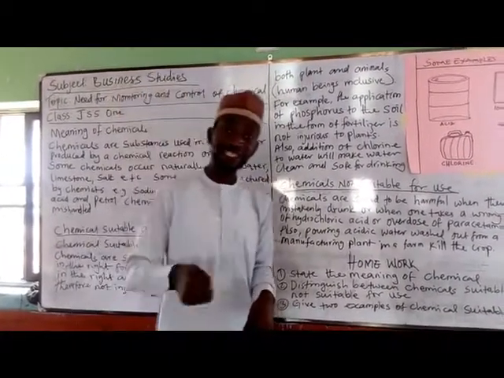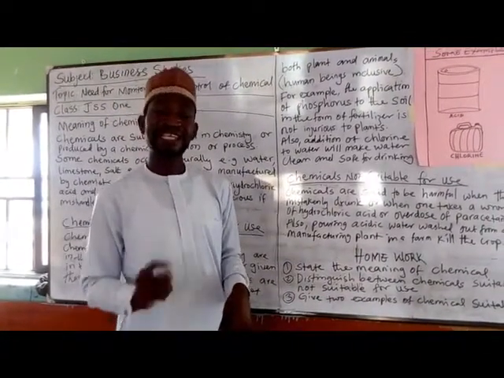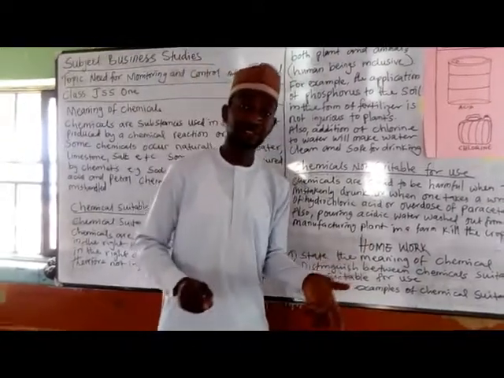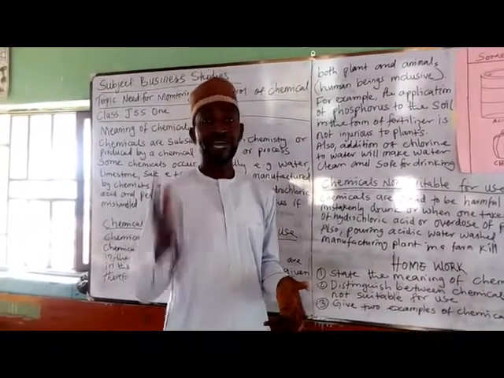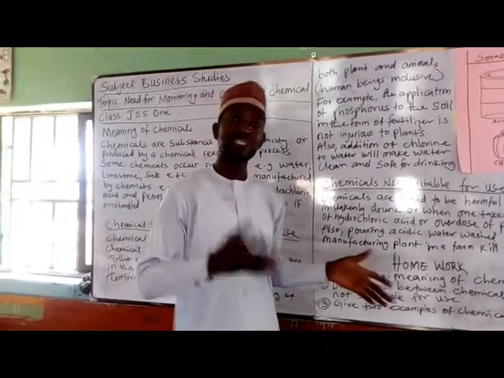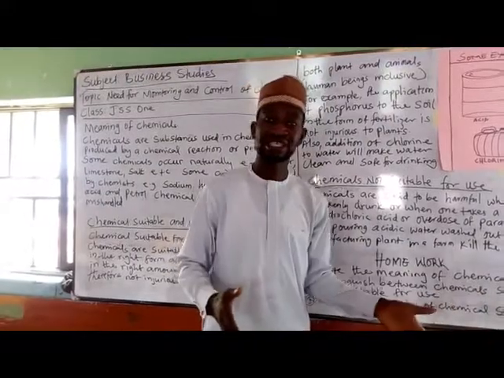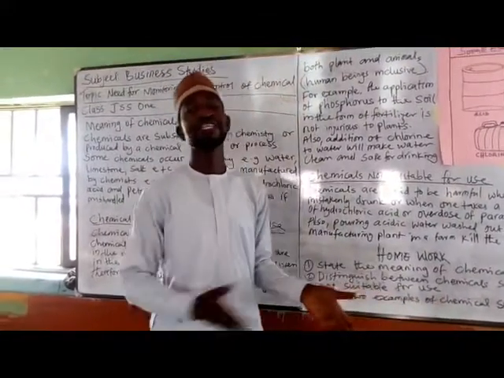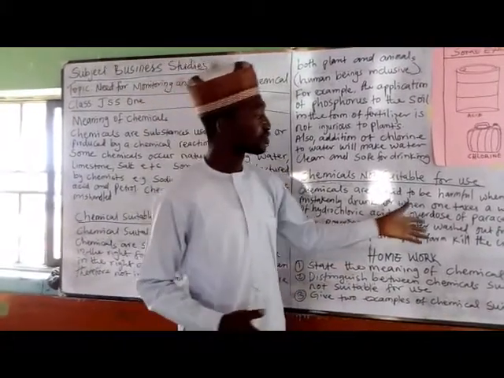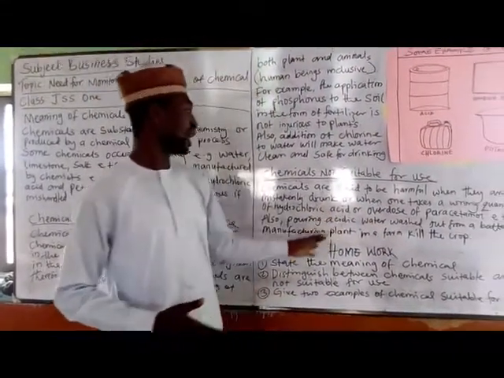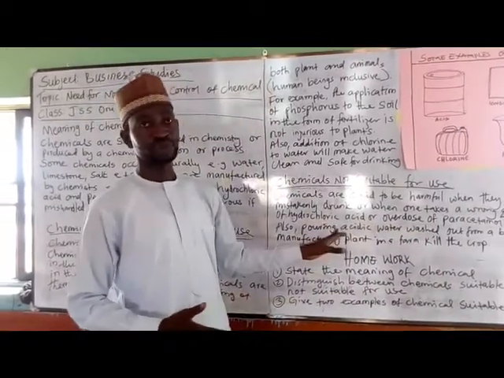So those companies or plants that produce batteries sometimes carelessly pour the waste of those batteries around, and by so doing, when it eventually enters a farmland where they have cultivated crops, definitely it will kill the whole crops. So these are some of the chemicals that are not suitable for use.